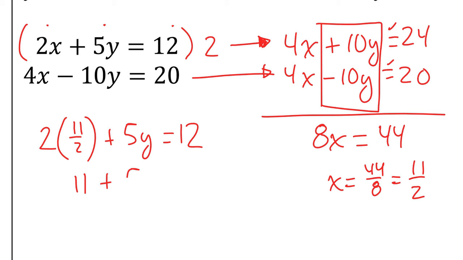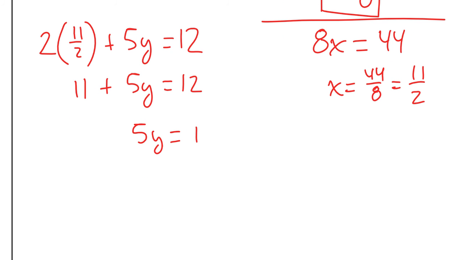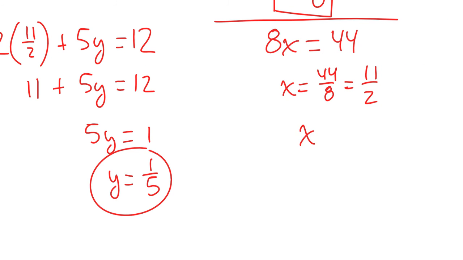So 11 plus 5y equals 12. If I take away 11 from both sides, I get 5y is 1. And when I divide both sides by 5, I get that y is 1/5. So we've got y, and we've also got x is 11 halves.